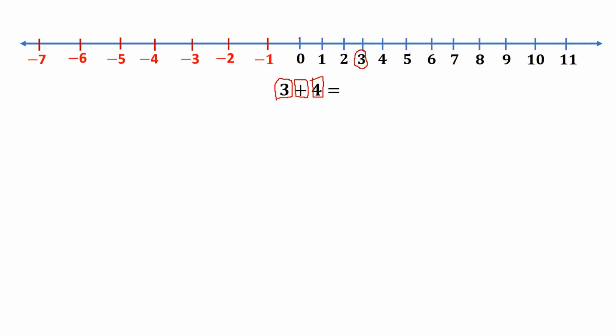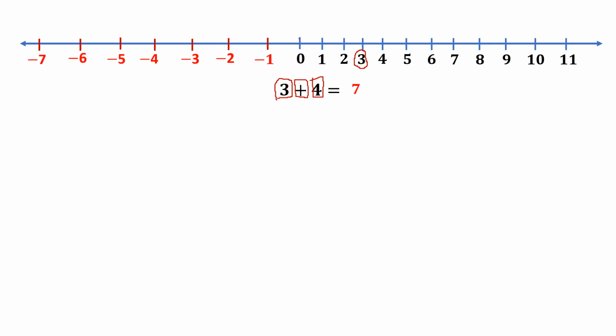If it is negative, I move to the left. So it's 3 plus, meaning I am starting from 3, moving 4 steps in the positive, right direction. So I am moving 1, 2, 3, 4 steps, and this takes me to 7. So 3 plus 4 is equal to 7. That's the answer.